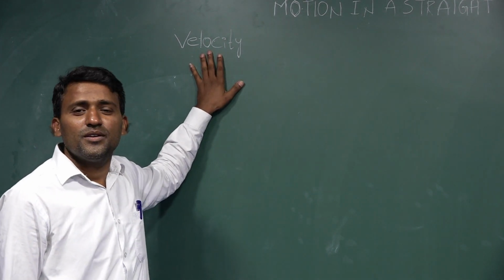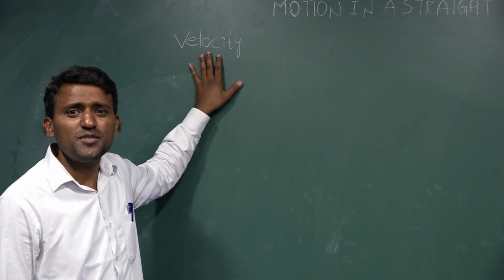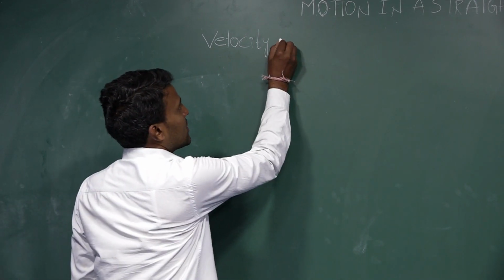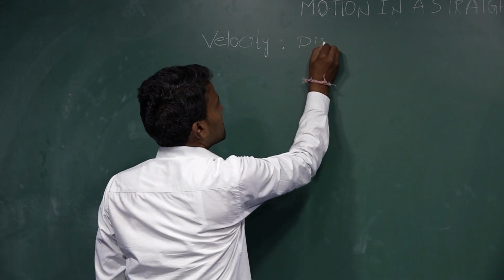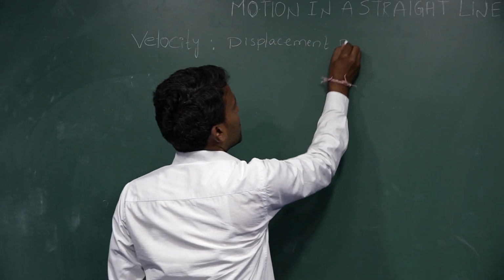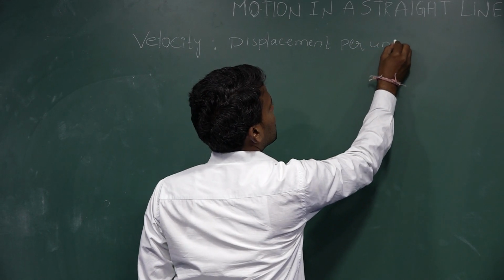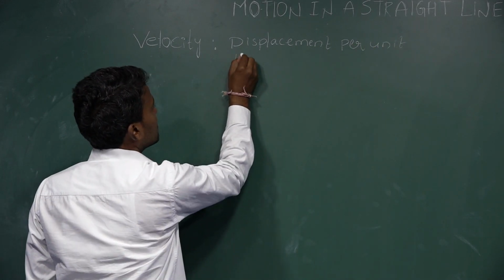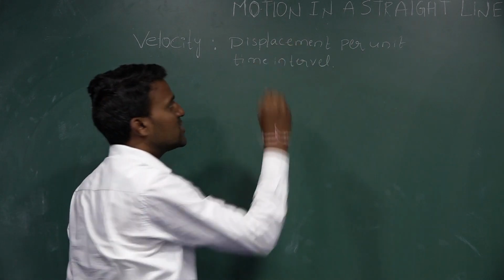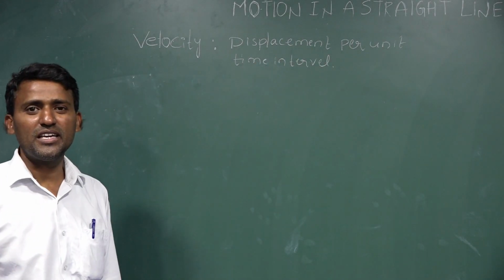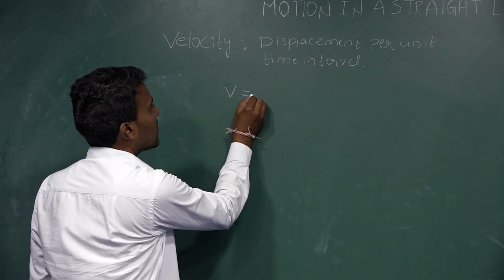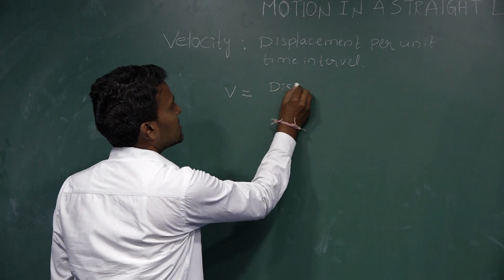Velocity. What is velocity? Displacement per unit time interval is called velocity, and we can write this equation also: V is equal to displacement divided by time.